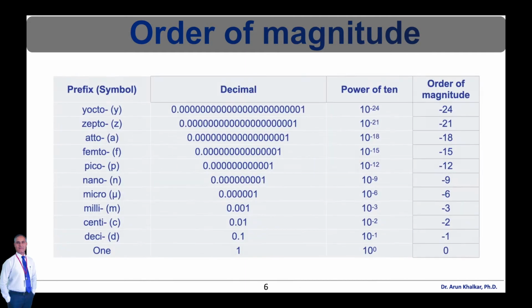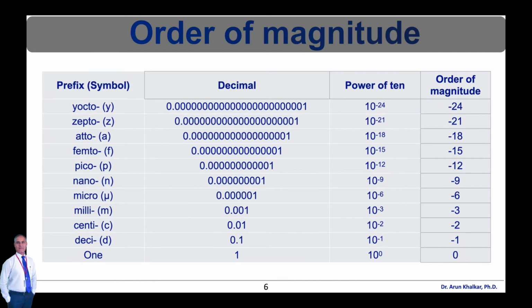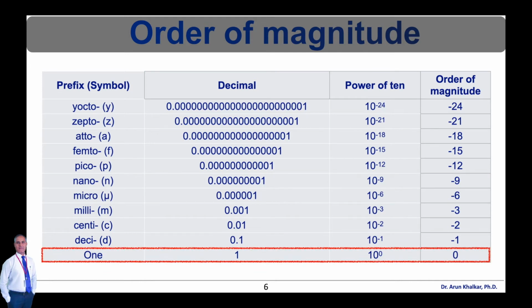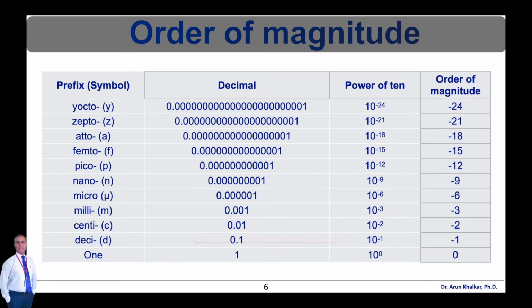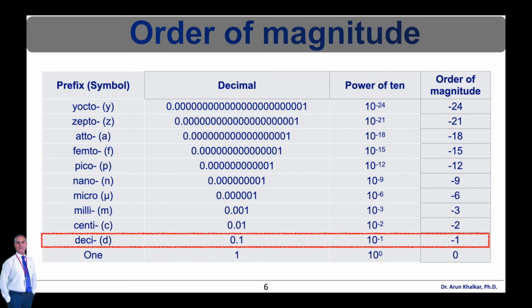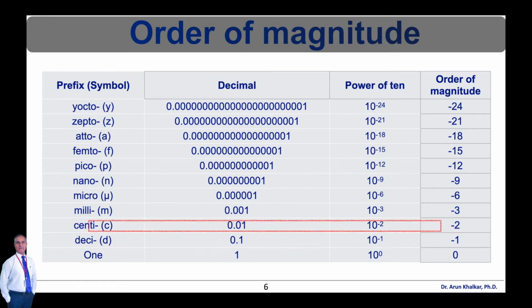Now let's see the order of magnitude in terms of power of 10 and its respective prefix symbol. For 1, we can write the power of 10 as 10^0, so the order of magnitude is 0. For 0.1, the power of 10 is 10^-1, and -1 is the order of magnitude, which is called deci.